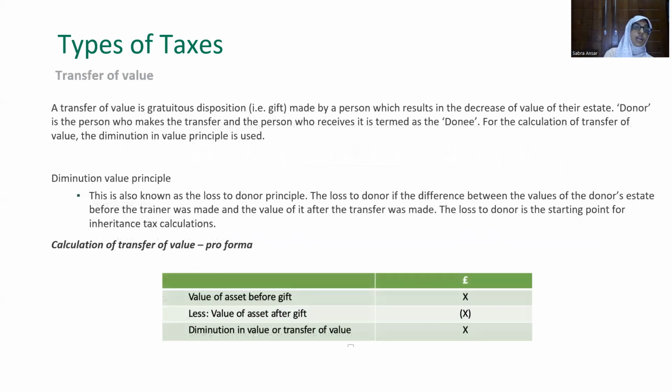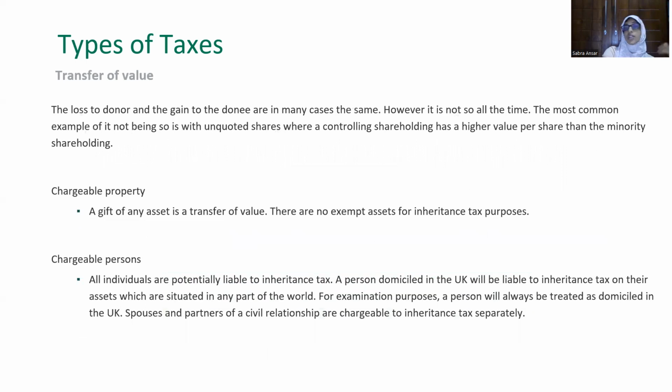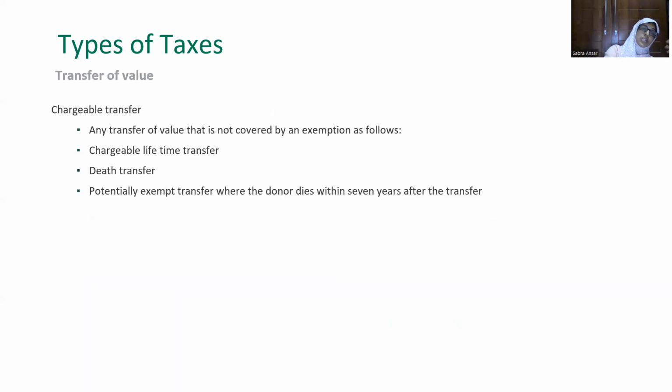And lastly, we spoke about transfer of value and the diminution in value principle. We spoke about how the transfer of value is calculated, and concepts like chargeable property, chargeable person, and chargeable transfer. And that's what we covered for today.